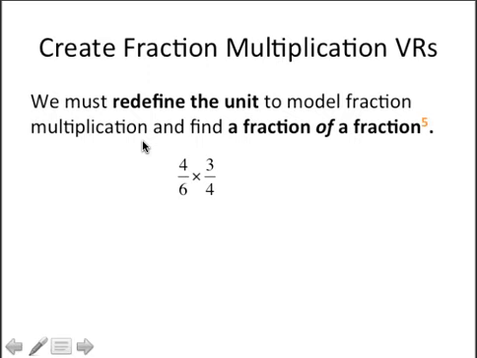So when we create fraction multiplication visual representations, we redefine the unit to model fraction multiplication, and we find a fraction of a fraction. You've got a guided notes item here to go ahead and fill out. You can do that and come back to the video when you're ready.